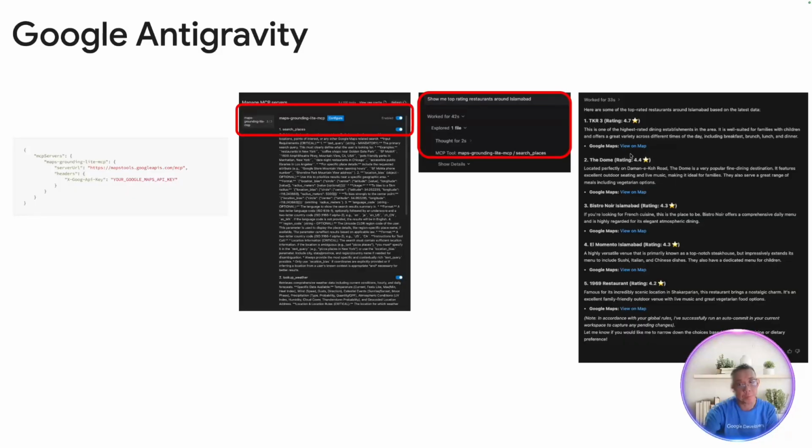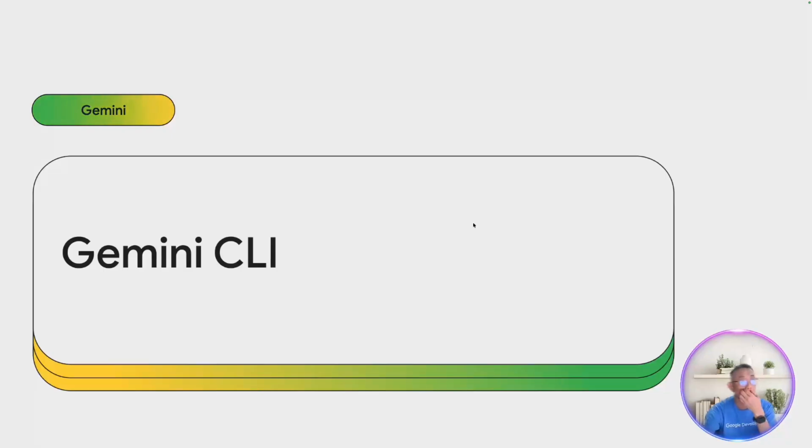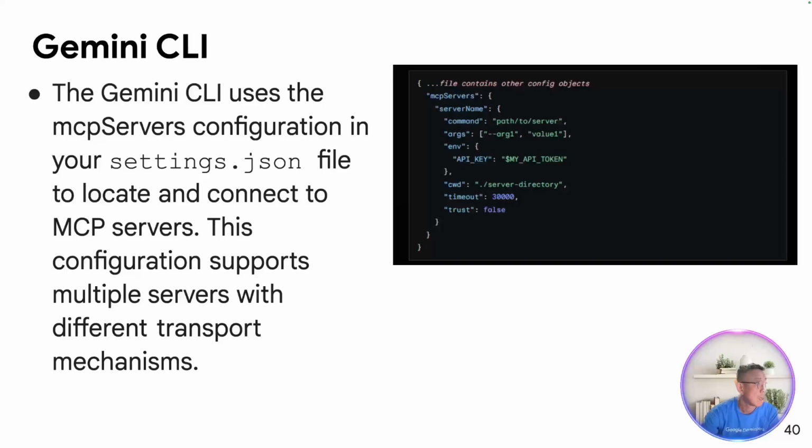Next, I'm going to talk about Gemini CLI. How do you add the Google MCP server into your Gemini CLI? If you use Gemini CLI, you know that you can add your MCP server through the settings.json file, which is located under your Gemini folder.